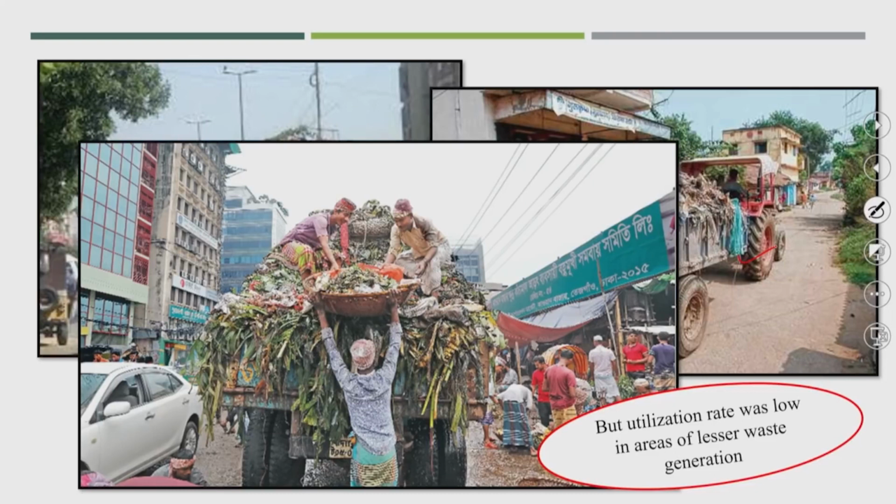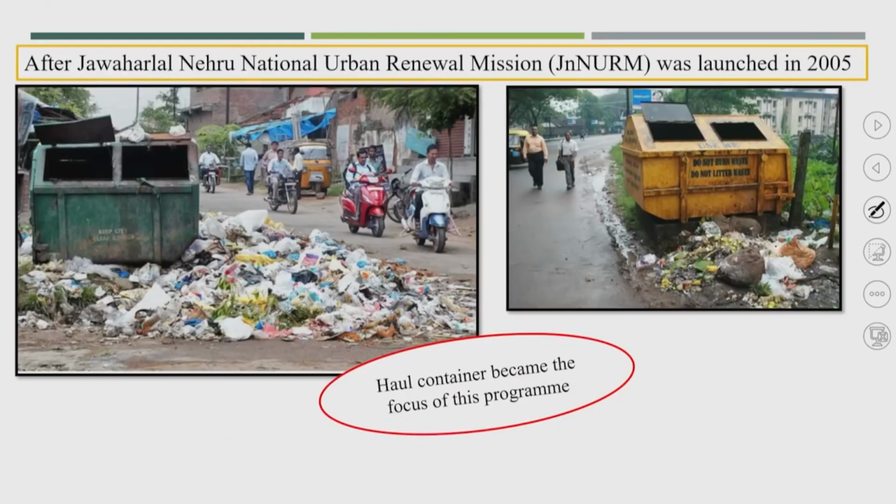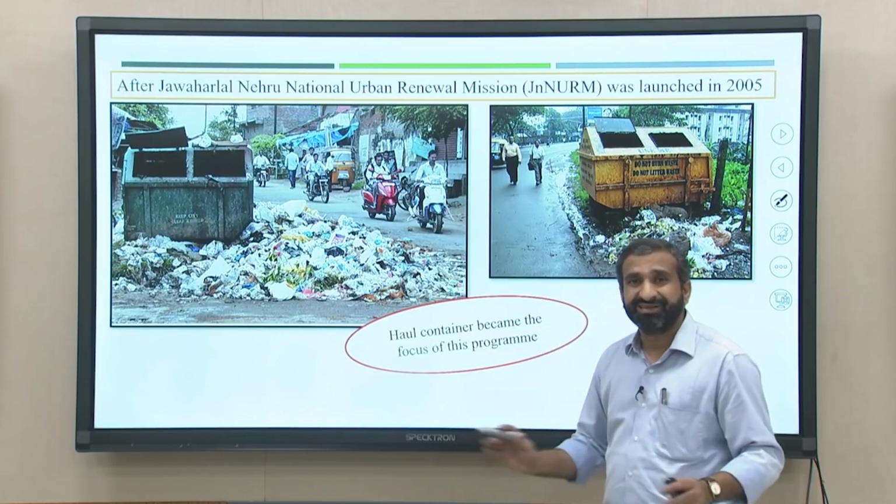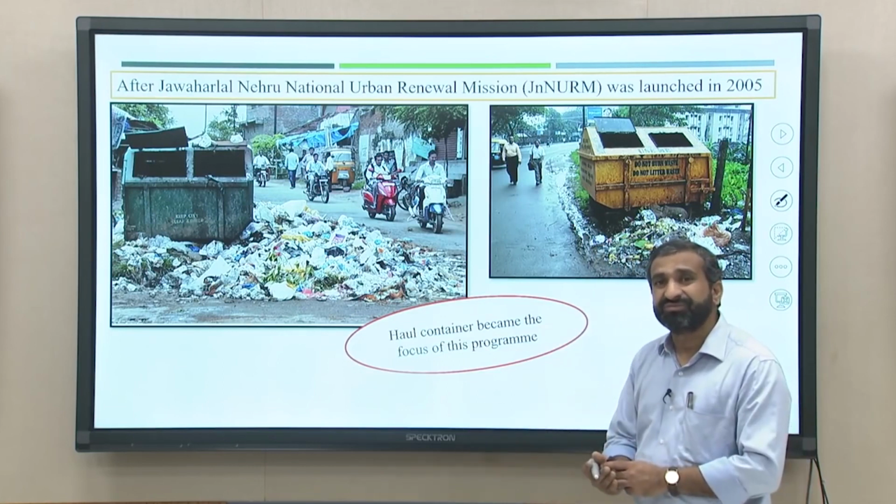Waste production was low, so we used this kind of vehicle, but when the Jawaharlal Nehru National Urban Renewal Mission, JNNURM, was launched in 2005, around 35 cities got a lot of funding for solid waste management.